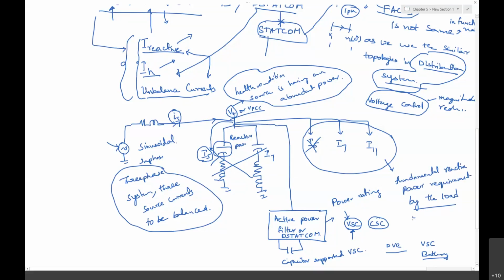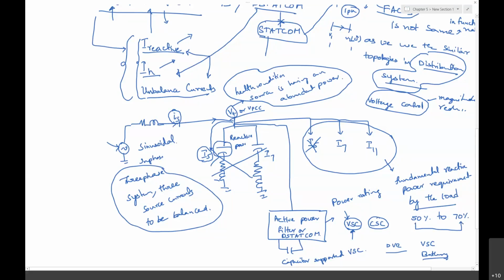The rating goes around 50 to 70 percent of the reactive power requirement.